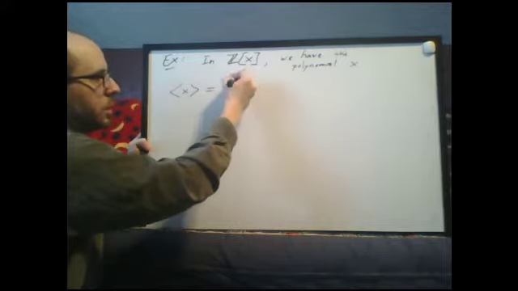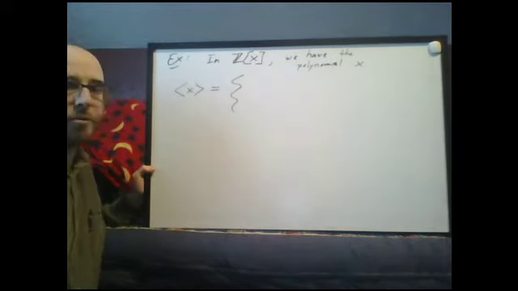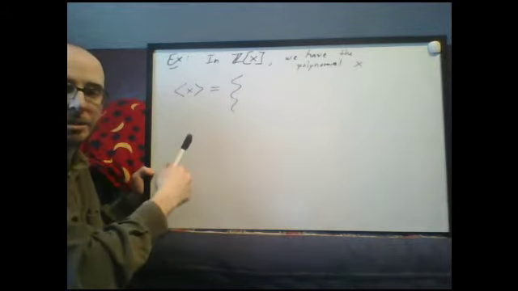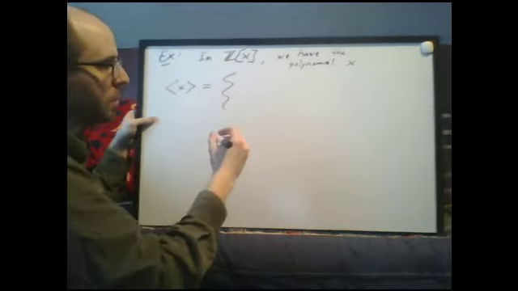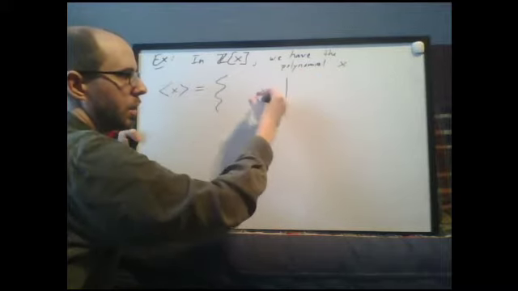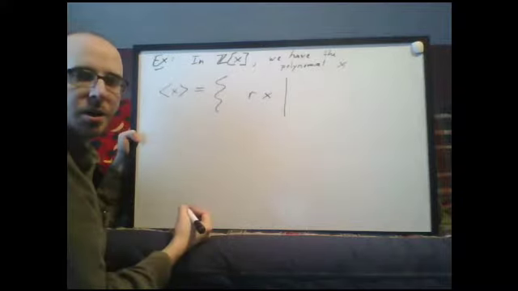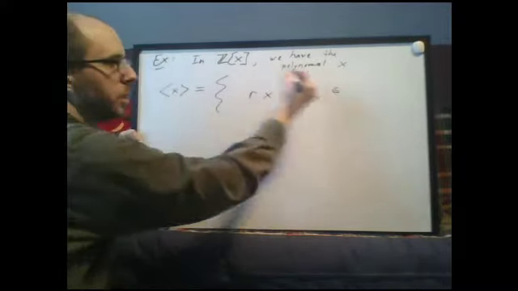By our definition, it's the set of everything in our ring that can be written as some element times this generating element. So what that means is, by the definition, it's Rx, where R is an element of our bigger ring, ZX.